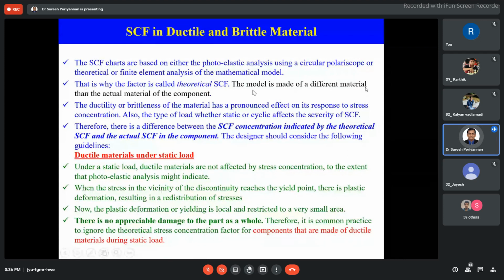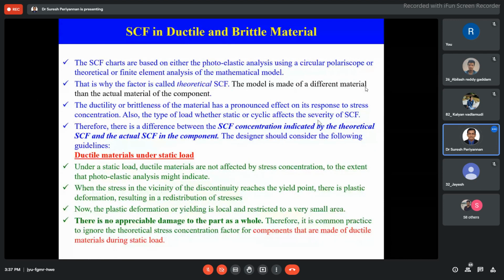Here the model is made of a different material, and the actual material of the component may be different. The actual component may be subjected to different loading, or a combination of torsion or bending, depending on the application and working scenario. Hence it may vary. It also depends on the material properties. For example, the ductility and brittleness of the material have a pronounced effect in the response to stress concentration.